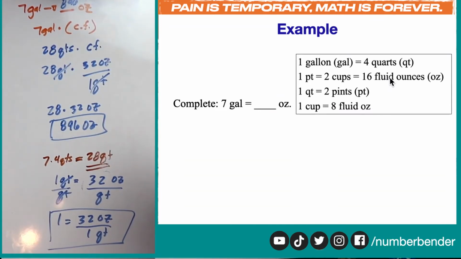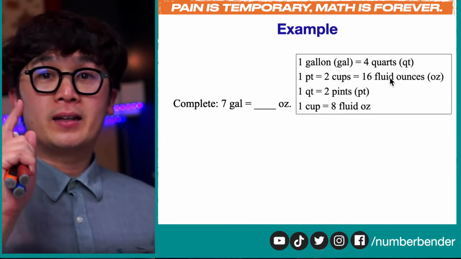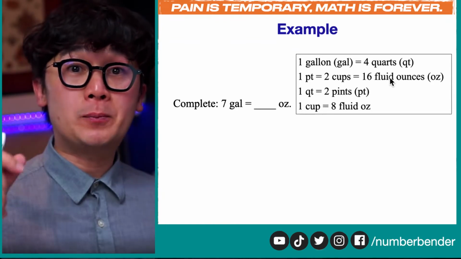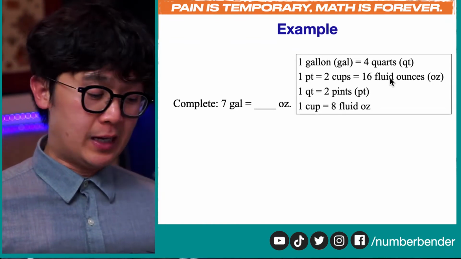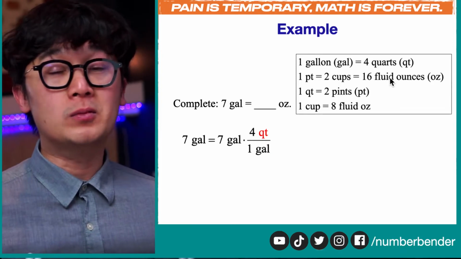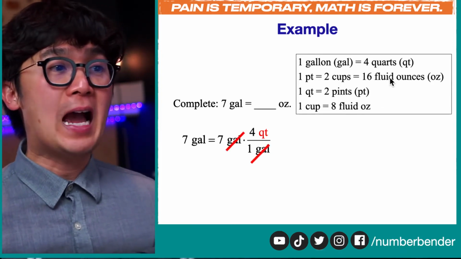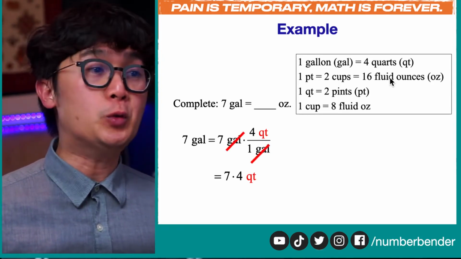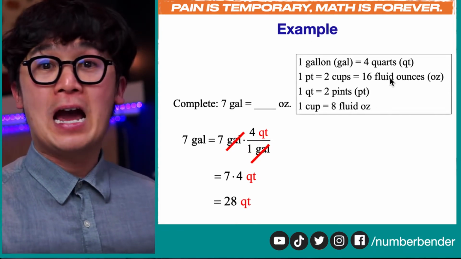And this is how we convert gallons into ounces using multiple conversion units, just like what we did for this particular problem. So first, we converted gallons into quarts, and we're able to produce 28 quarts in our first step.